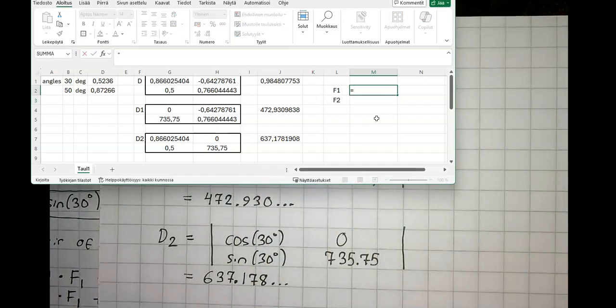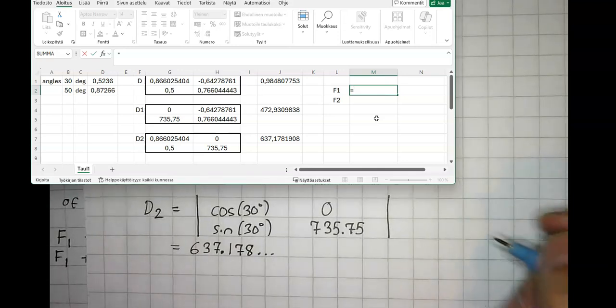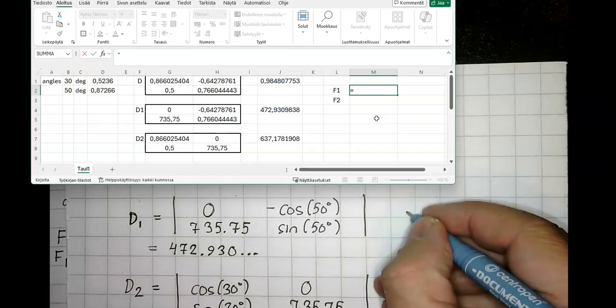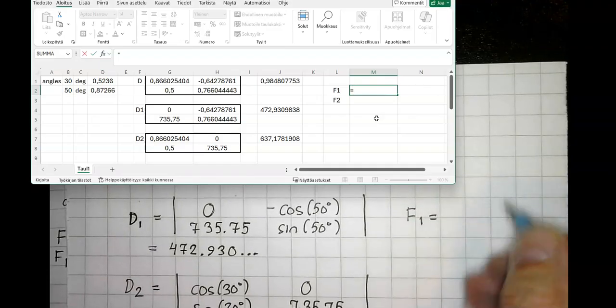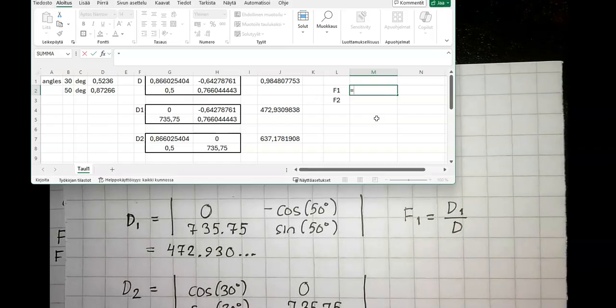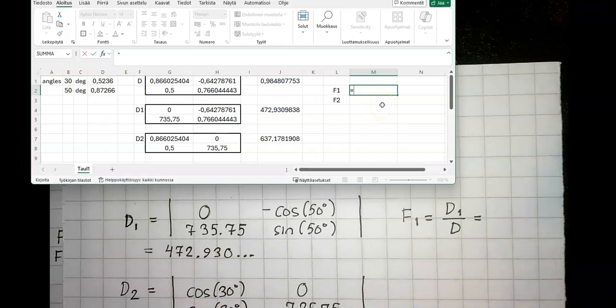And this F1 will be D1 divided by D. And what do we get?